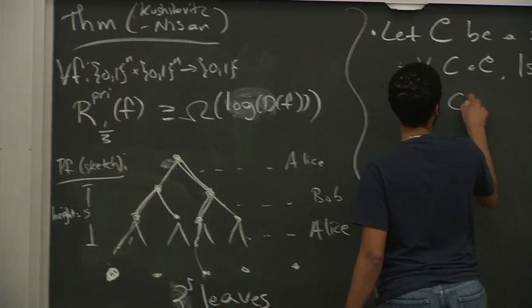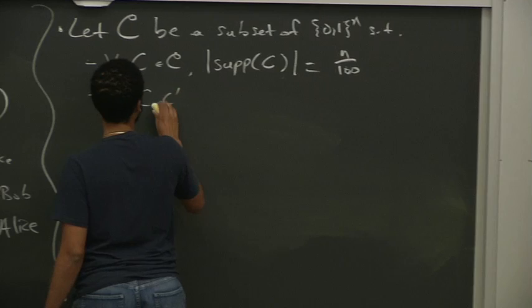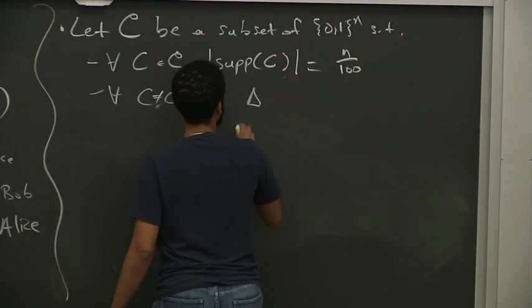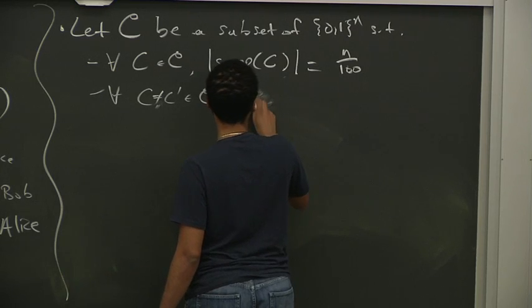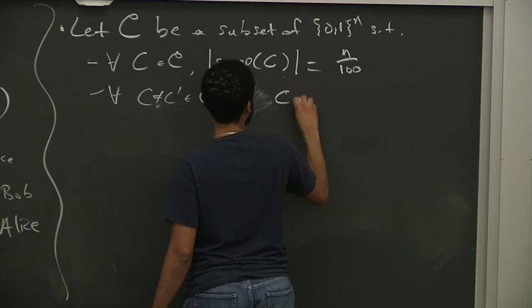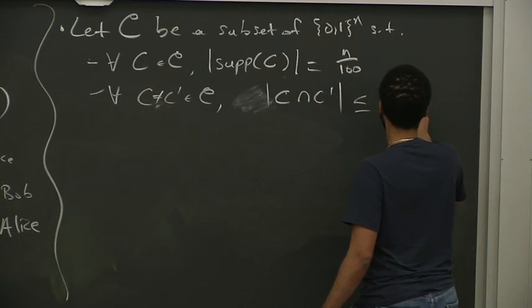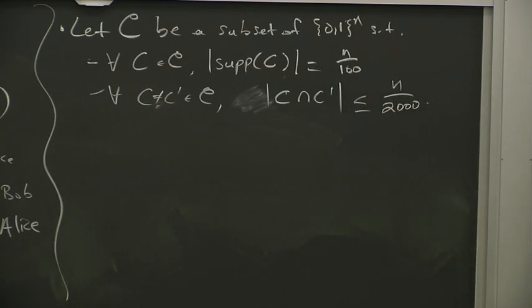And for all c' in C, the Hamming distance, like the number of agreements, is small. Back when we did the deterministic approximate F0 lower bound, we showed the existence of a collection of subsets with this property.